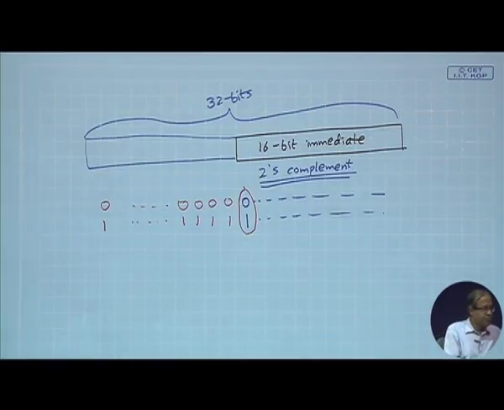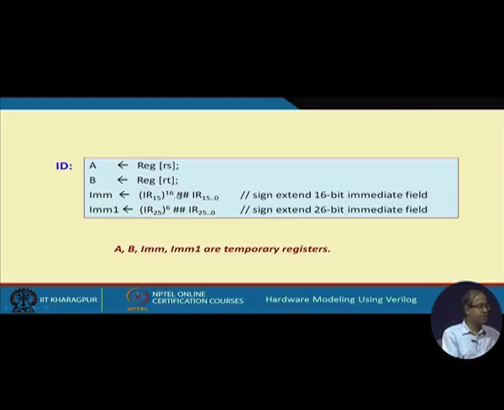Now, we are representing this notationally like this. You see IR, the last 16 bits I am writing as 0 to 15, and this 15th bit, IR[15], is the sign bit. This we are replicating 16 times, the power 16 is just a notation for 16 times replication, and this double hash means concatenation.